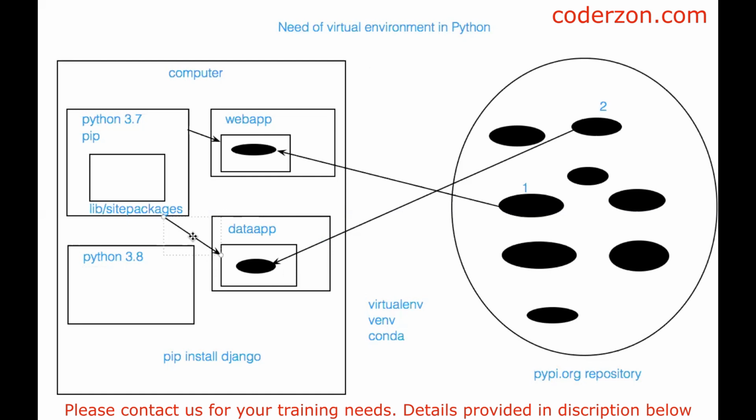We can do that using virtualenv. And for this data app, I'm planning to use a 3.7 virtual env. So each project can have different Python versions and its own virtual env created based on that. And to that virtual env's lib/site-packages folder, we can install the packages from the PyPI repository using the pip install command. I hope you got some idea about what is the need of virtual environments in Python.